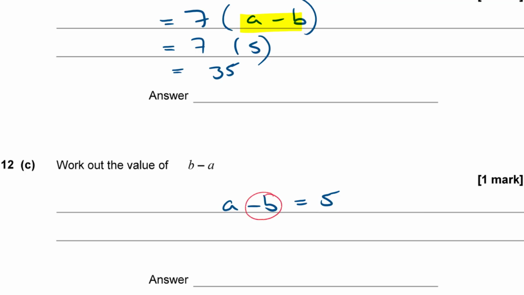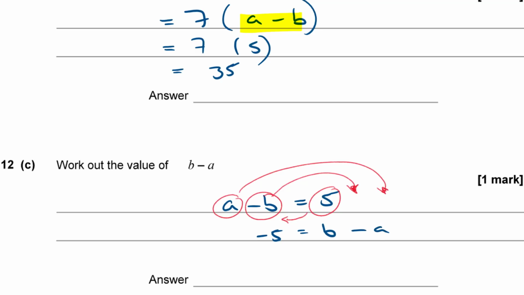So if I take this minus B and take it to the other side, it becomes plus B. If I take this 5 and move it over here, it's going to become minus 5. And if I take this A and I move it over here, it's going to become minus A. So you can see that B minus A, which is what I was trying to find, is equal to negative 5. So the answer is negative 5.